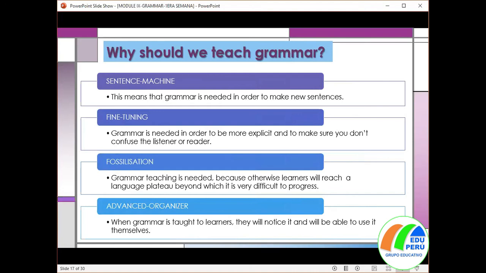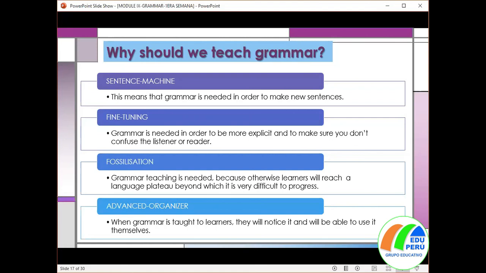Grammar is a sentence machine. The other, fine-tuning. Grammar is needed in order to be more explicit and to make sure you don't confuse the listener or reader. So you need to adjust your expressions, your utterances, your structures that you are using to be understood.